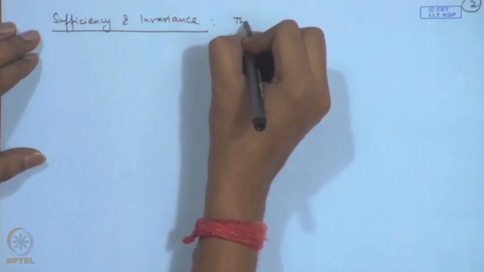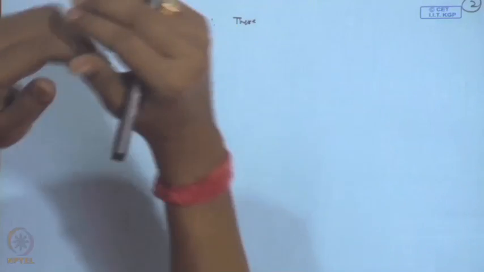There is a natural question: when the two criteria of sufficiency and invariance are there, which one should be applied first? Can the application of these in any order give the same answer, or lead to the same solution, etc.